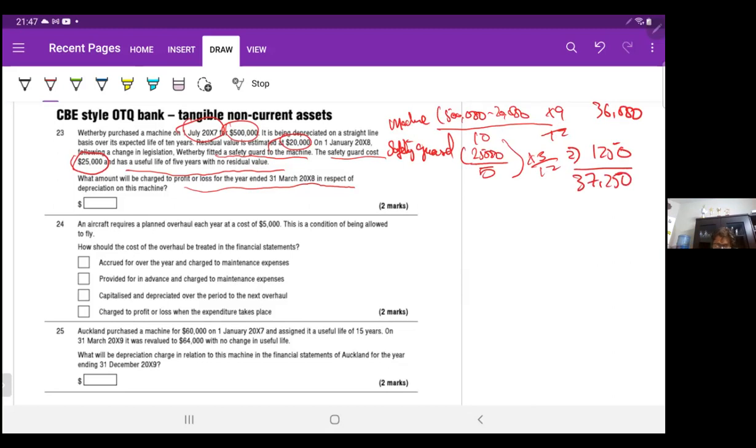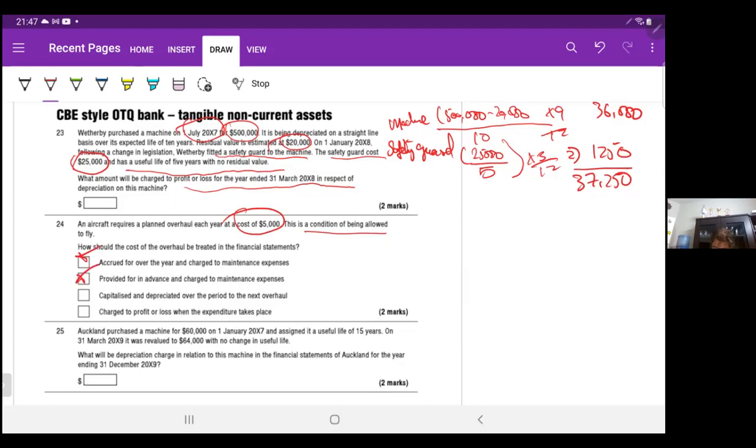Next one, question number 24. What they're saying in question number 24: an aircraft requires a planned overhaul each year at a cost of 5,000. This is the condition of being allowed to fly. How should the cost of the overhaul be treated in the financial statements? Accrued for over the year and charged to maintenance expenses? Wrong. Provided for in advance and charged to maintenance expenses?